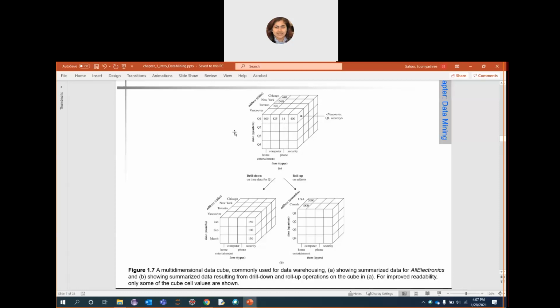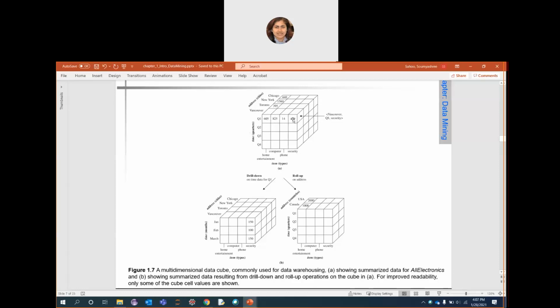So for example, if we say the total sales for the quarter 1, that is Q1, for the items related to the security system in Vancouver, we can say that for Vancouver, this is the part which will point to.